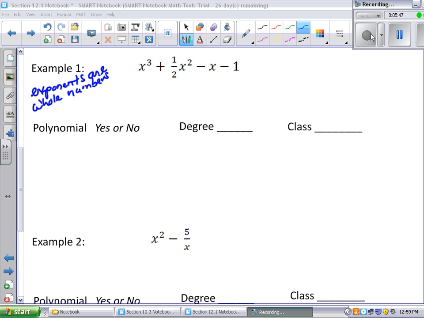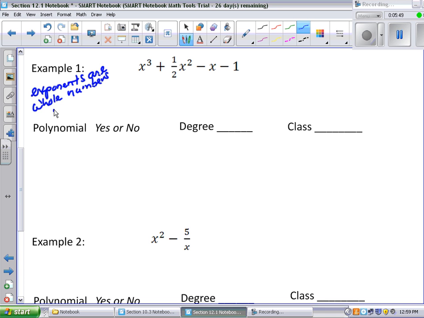We also want to make sure there are no fractional exponents. And we want to make sure there are no variables in the denominator.